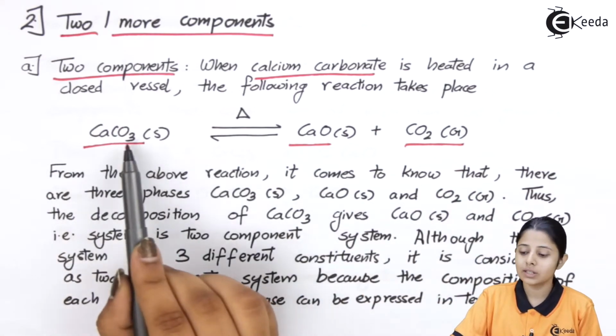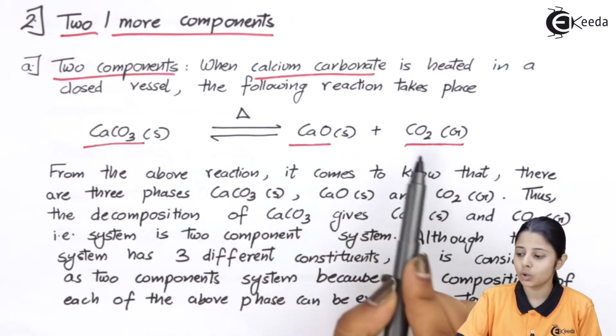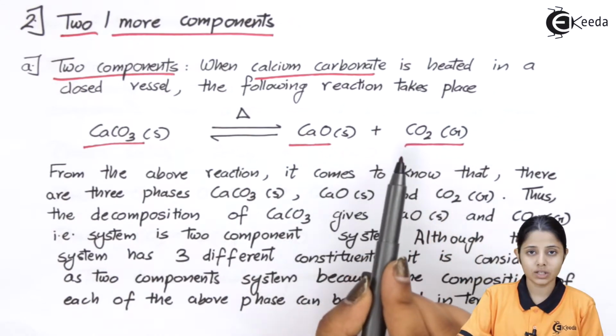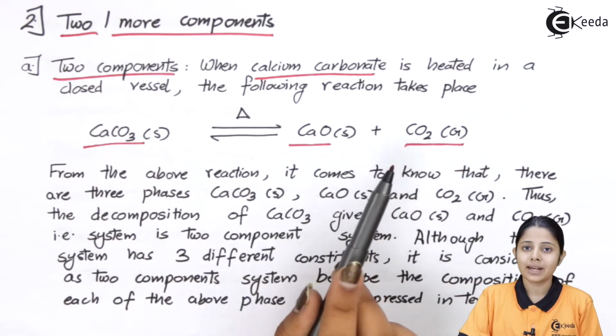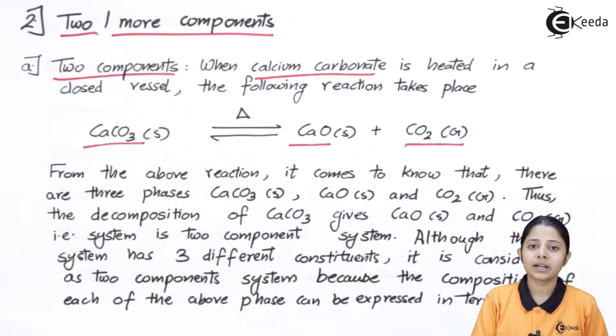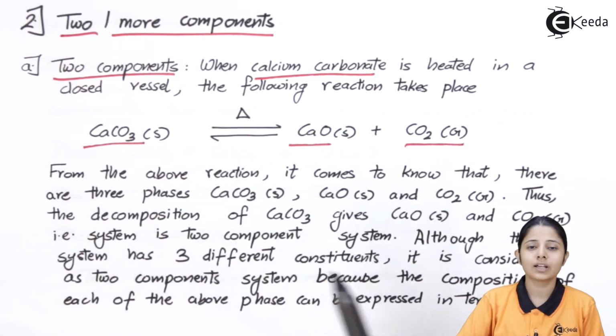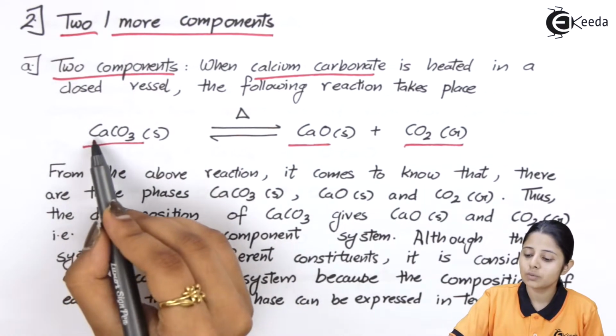Now what happens over here? CaCO3 is a solid. On heating it forms CaO, which is another solid, and CO2, which is in gaseous form. Let us see the balancing of this equation first, because balancing is very important in each and every chapter. Irrespective of the purpose of it, the balancing has to be correct so that we can get the number of reactants and products as proper. Let us see the number of calciums on the reactant side.